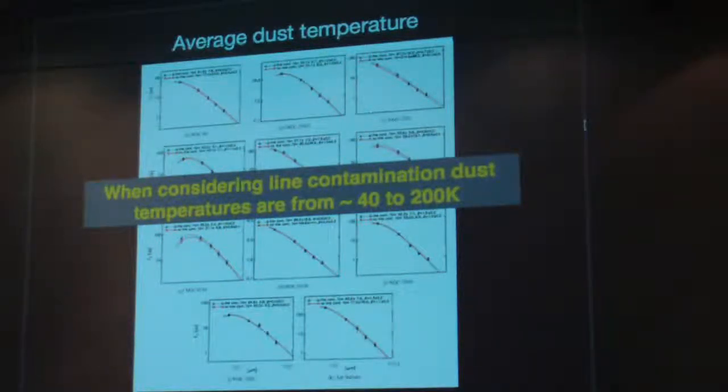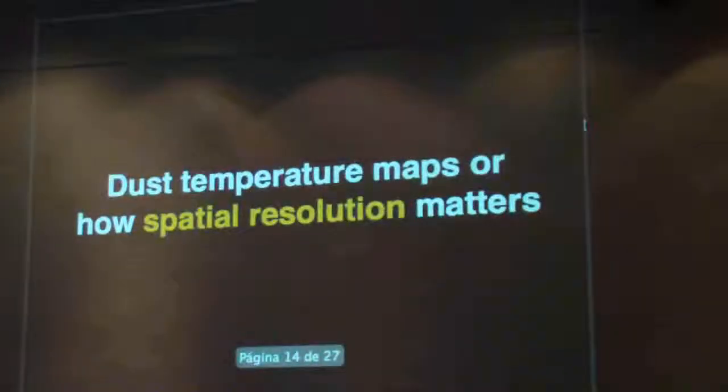So how well is this representative of the distribution of the dust if we're looking at them as spatially resolved objects? Because we have 5 photometry bands, we can fit the temperature for each pixel through the 5 maps and get resolved dust temperature maps.